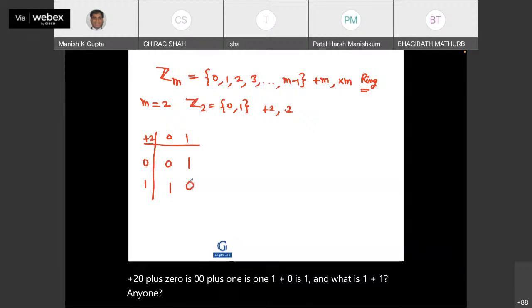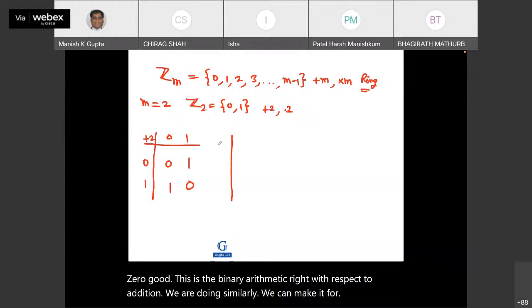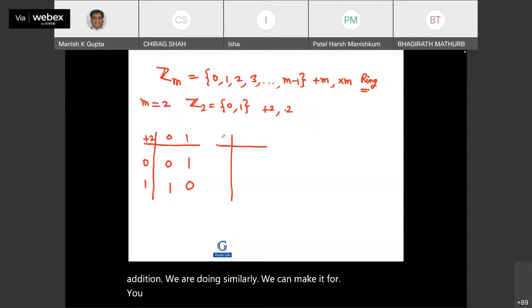Good. This is binary arithmetic with respect to addition. Similarly, we can make a table for multiplication modulo 2: 0 times anything is 0, and 1 times 1 is 1.